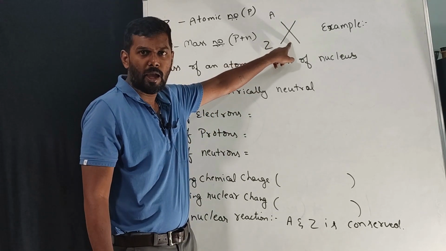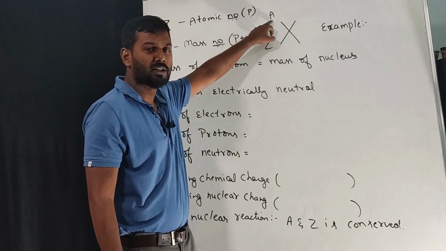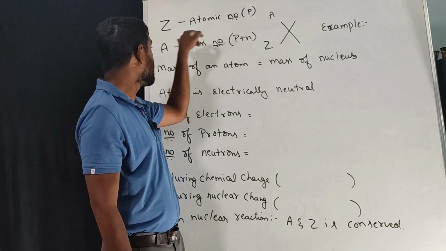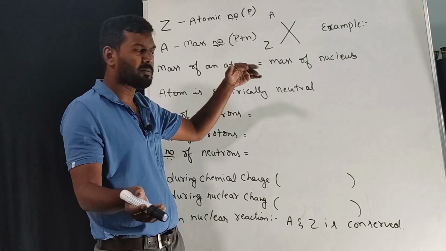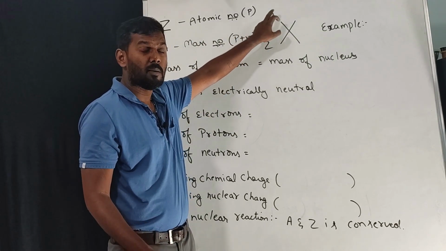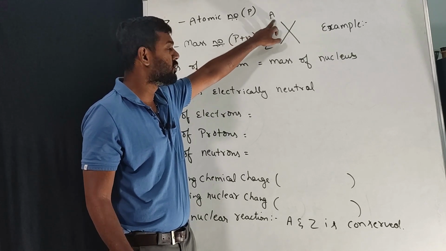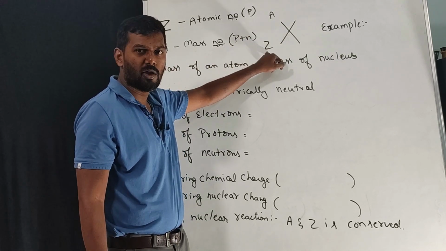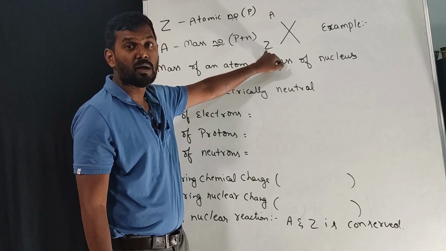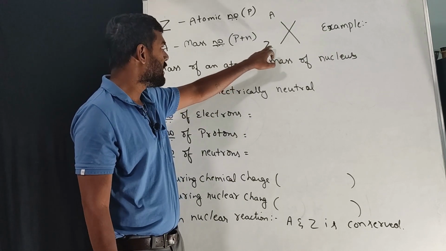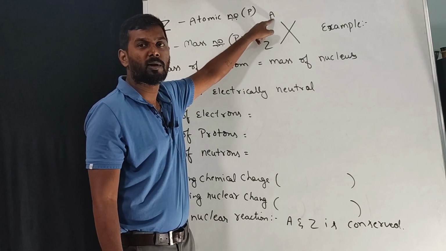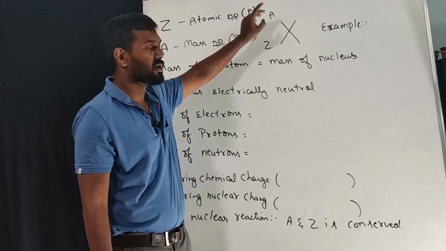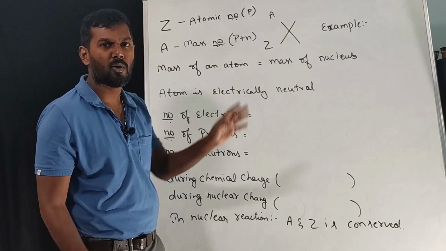This will be the element, and we write the atomic mass number. So A represents mass number or atomic mass number. Whatever the mass number is, we write it here, and this one we write here. What is this? The atomic number, just the number of protons, and this will be the number of protons plus neutrons. So you need to know this basic, very important.